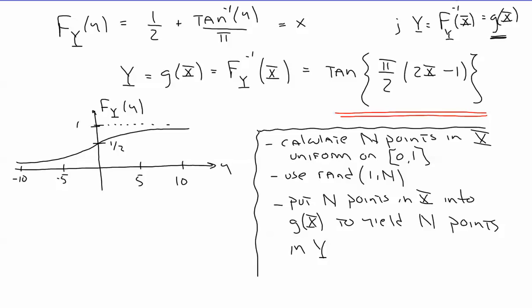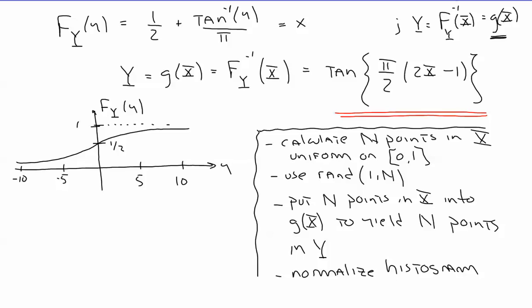I'm going to create a long vector of data points in X, plug them into my transformation function, underlined in red, and get out n points in Y. Then I'm going to use MATLAB's histogram functions, normalize the histogram against the number of points capital N and the bin width delta Y in this case, and plot the results. Calculate a normalized histogram, plot the results.